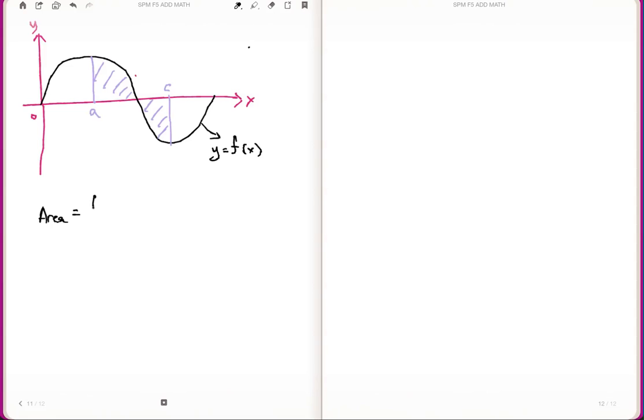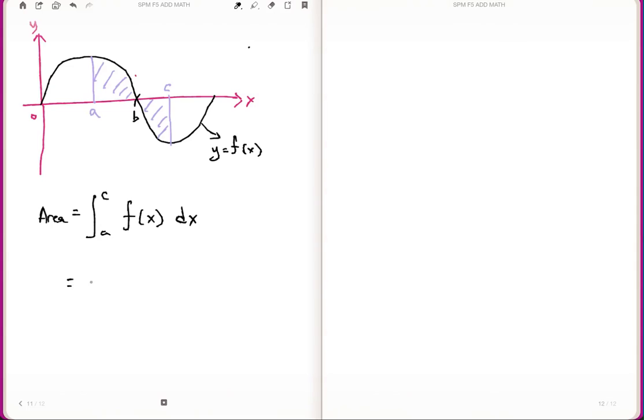Then you will still be able to write this A to C of this curve. But in terms of integration method, this would be my b, another value.